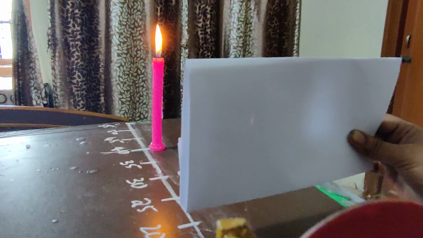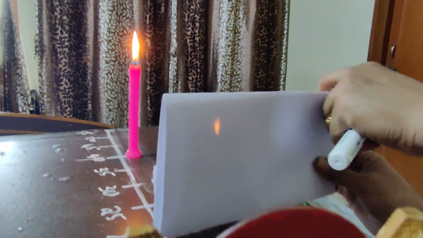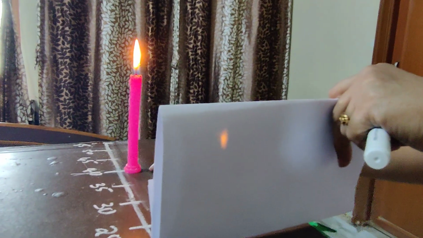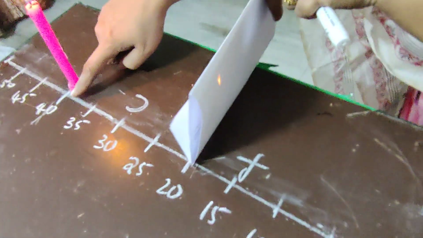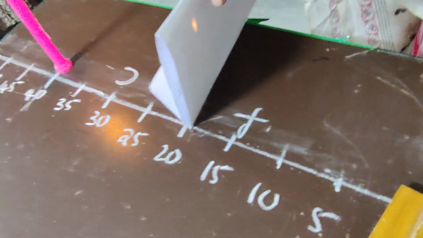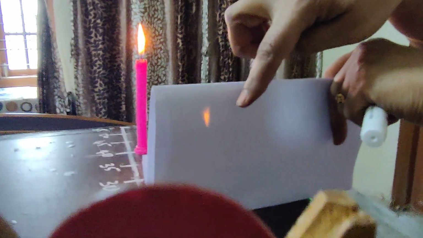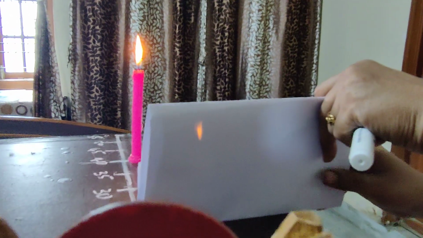I note down this value, and here you can observe the object distance is at 40, and you can observe the image of the flame, the tip of the flame is at 20, and it is a clear and sharp image.